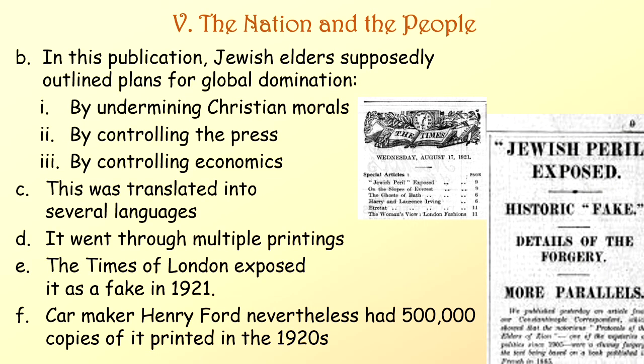In this publication, Jewish elders supposedly outlined plans for global domination by undermining Christian morals, by controlling the press, by controlling economics. And this work was translated into several languages. It went through multiple printings. The Times of London exposed it as a fake in 1921. But that didn't stop car maker Henry Ford. He still had 500,000 copies of it printed in the 1920s.